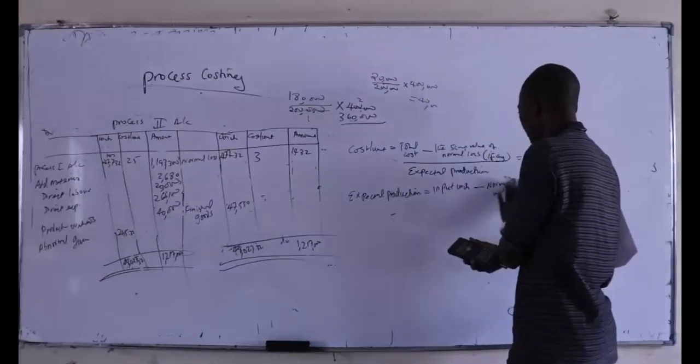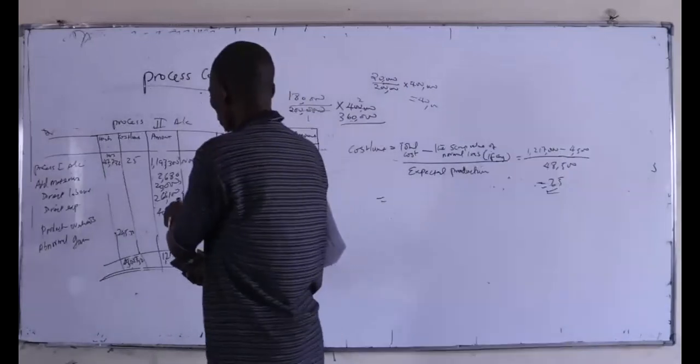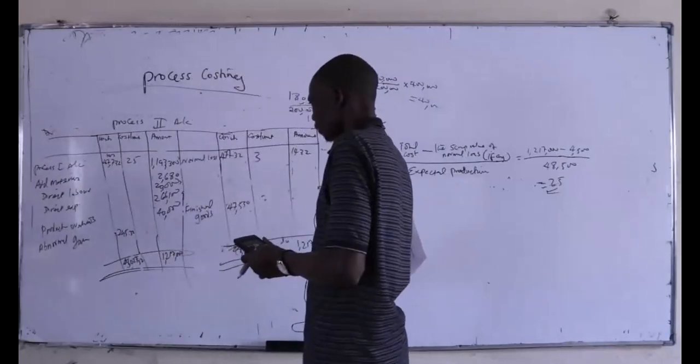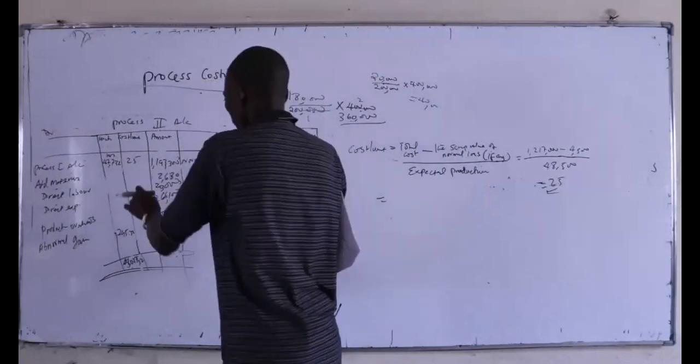The total cost will be all that you add together. So just do the additions. We shall be adding all these costs that you have incurred here.